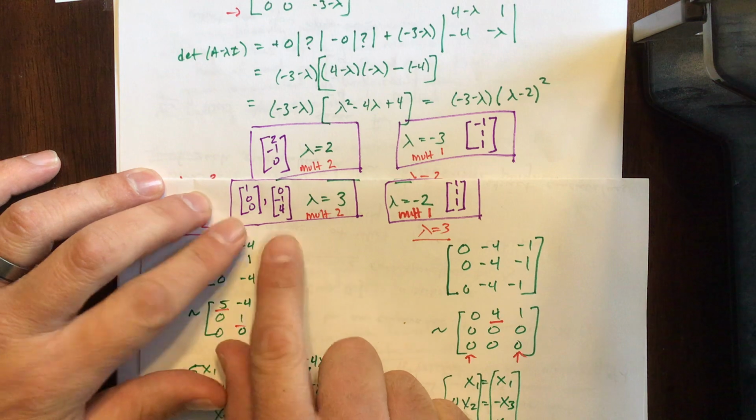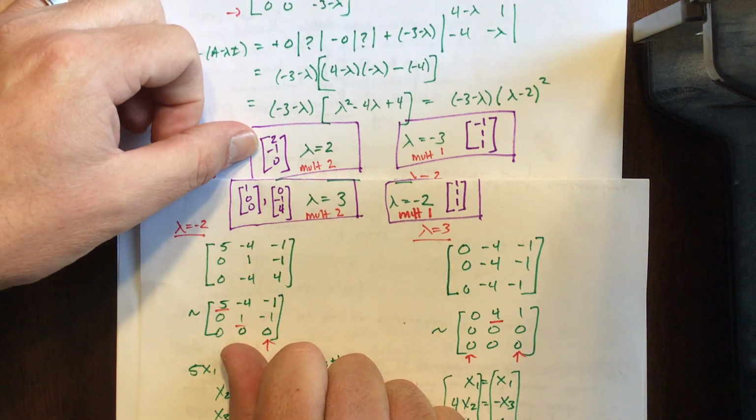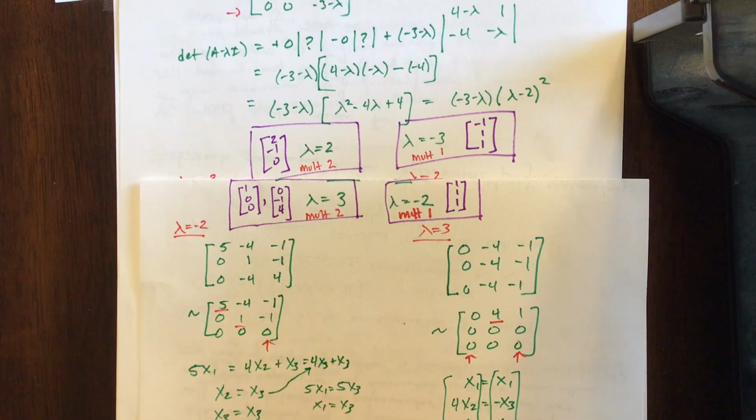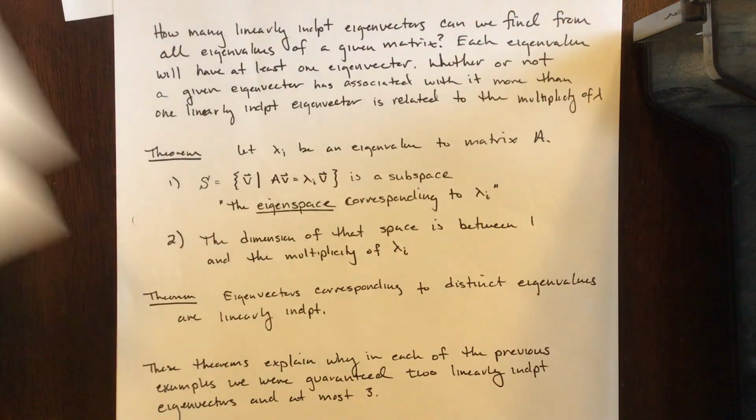It doesn't mean you have to have two. You can have at most two. In this case, we had one. Now, if it were multiplicity 3, you could have 1, 2, or 3 linearly independent vectors that form a basis for the eigenspace. And so on, 4, 5, 6.